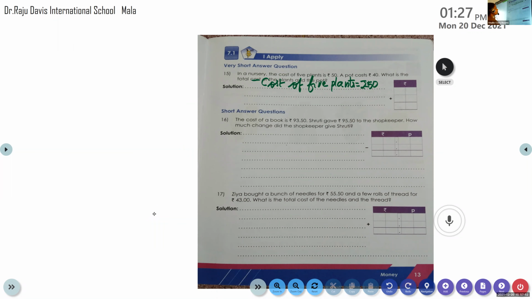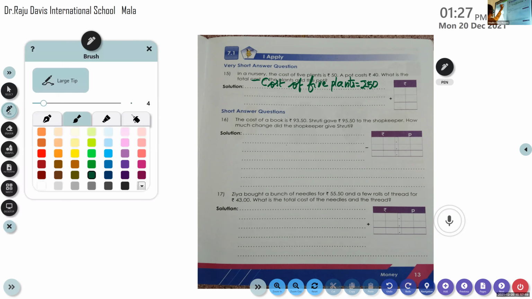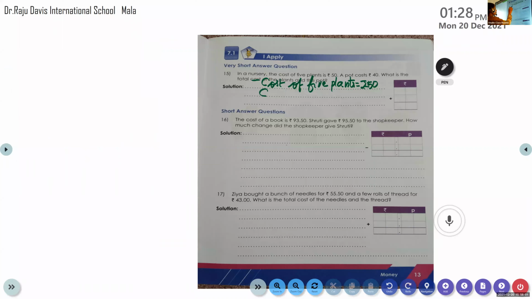Then what's given? A pot costs rupees 40. So let's write cost of pot, P-O-T, pot. It's given rupees 40. Shiva, what is the answer? How we will find out the answer?